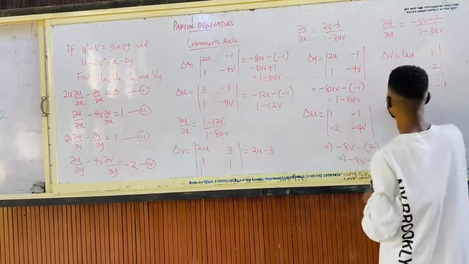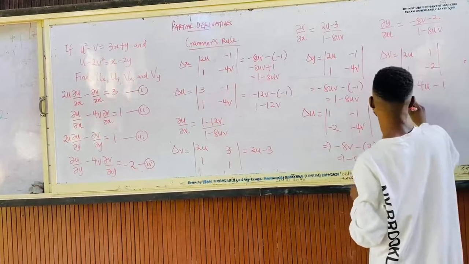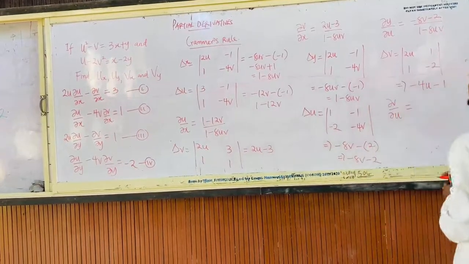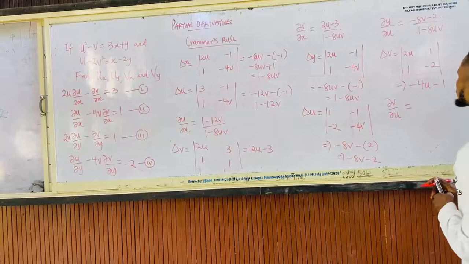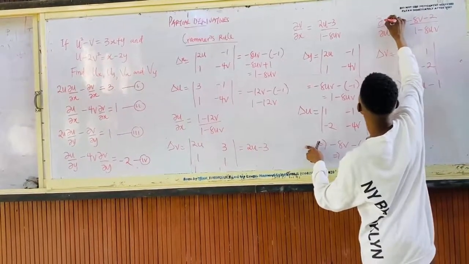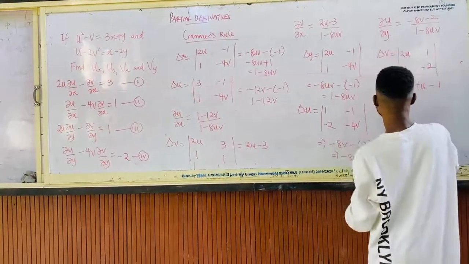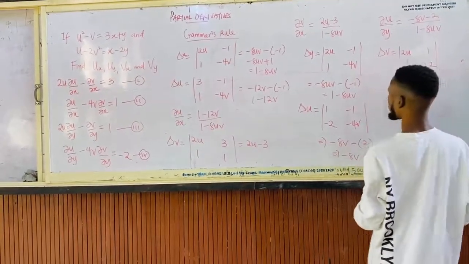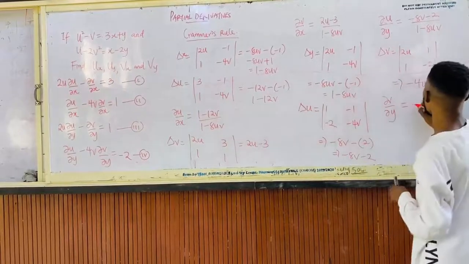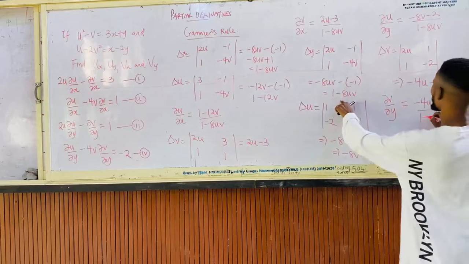So here the v del y becomes minus 4u minus 1 over 1 minus 8uv.